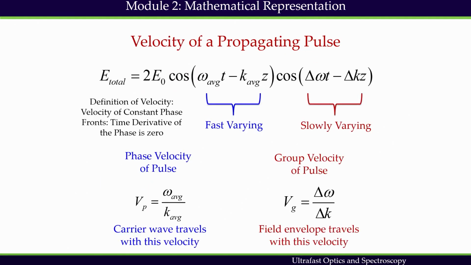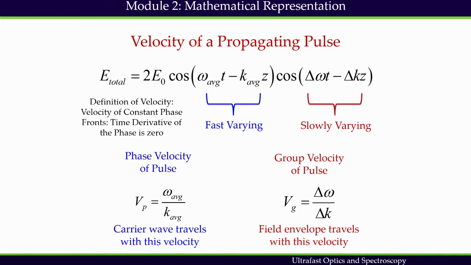A pulse is also a propagating wave, no matter whether we are representing it in its isolated form or in its train of pulses form. A pulse is a propagating wave, so it should travel with some velocity. What is the velocity of a pulse?